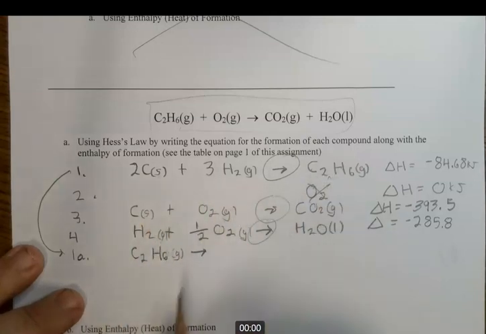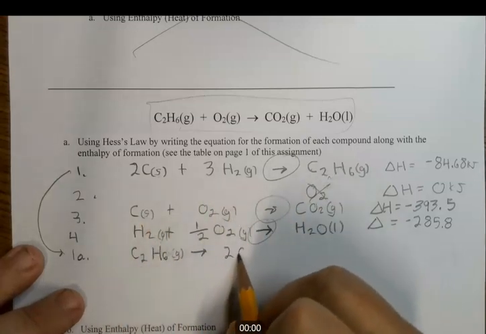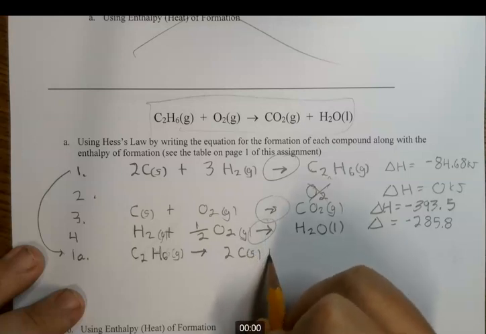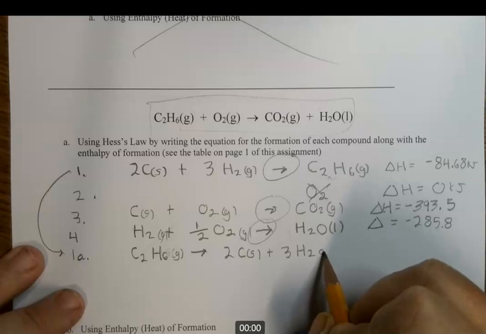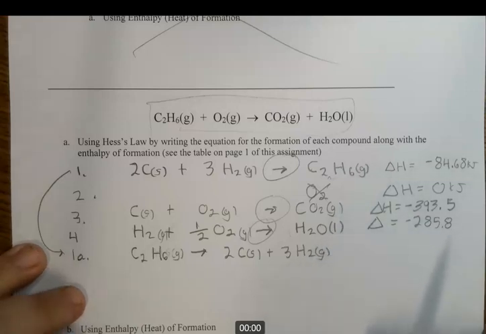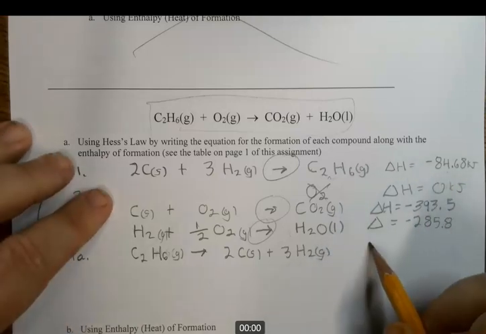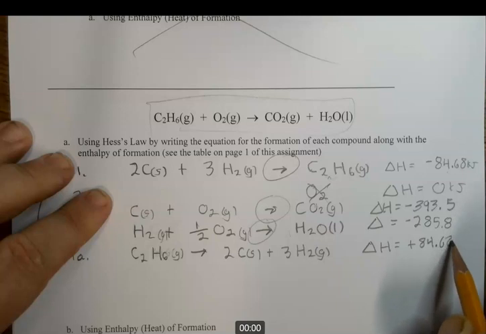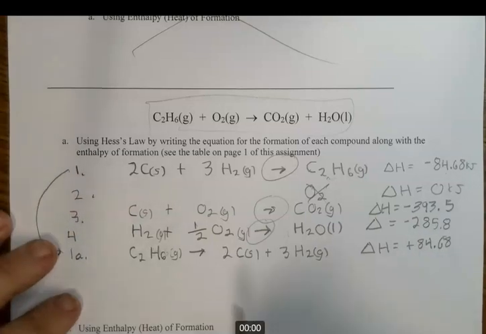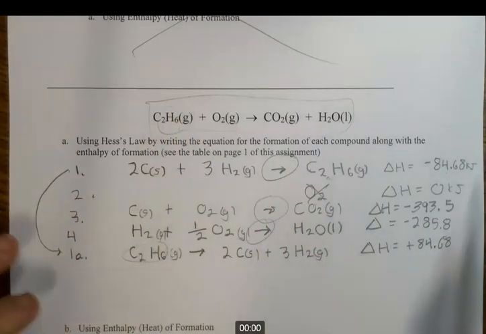Okay, and then the reactants go to the other side. And what that means is that this number reverses to a positive number. Okay, so good. We got this over on this side.